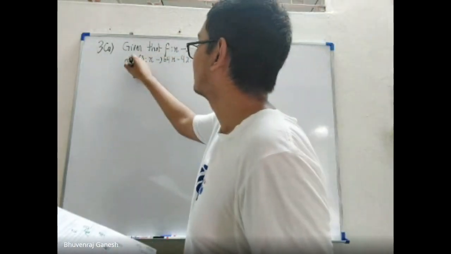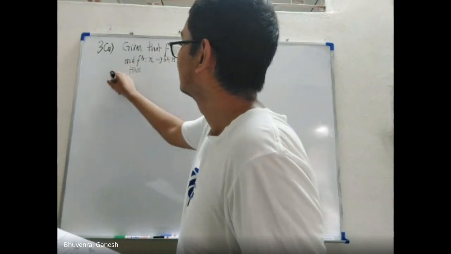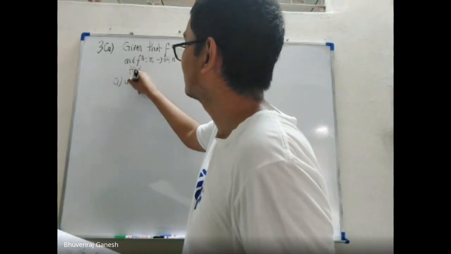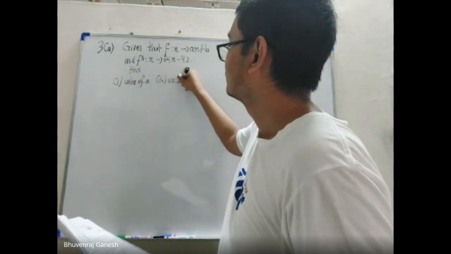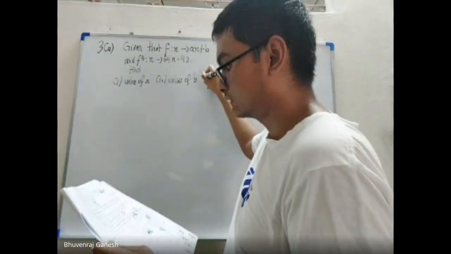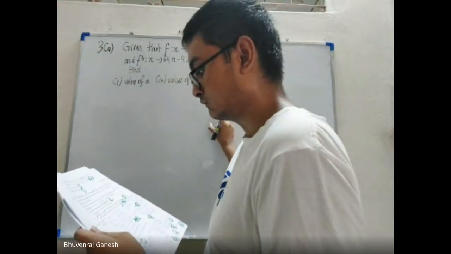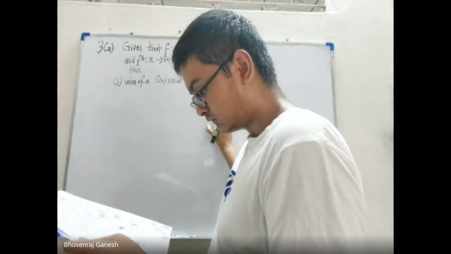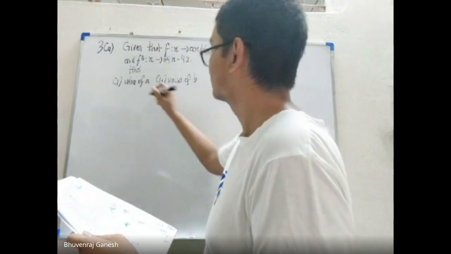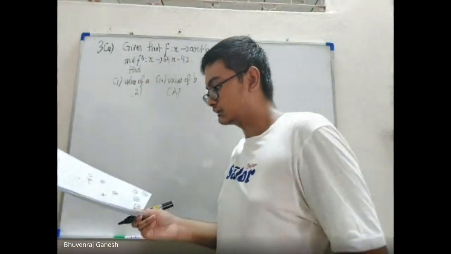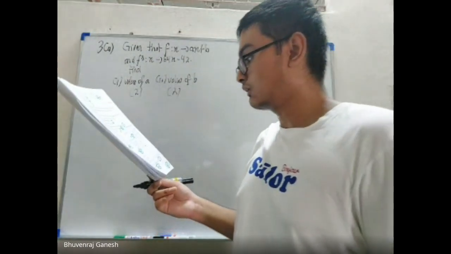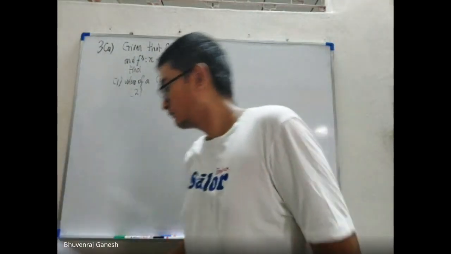So they say find the value of a, and number 2, the value of b. Each one is 2 marks. So you have to show your working and show how you get to the conclusion, what A and B are.